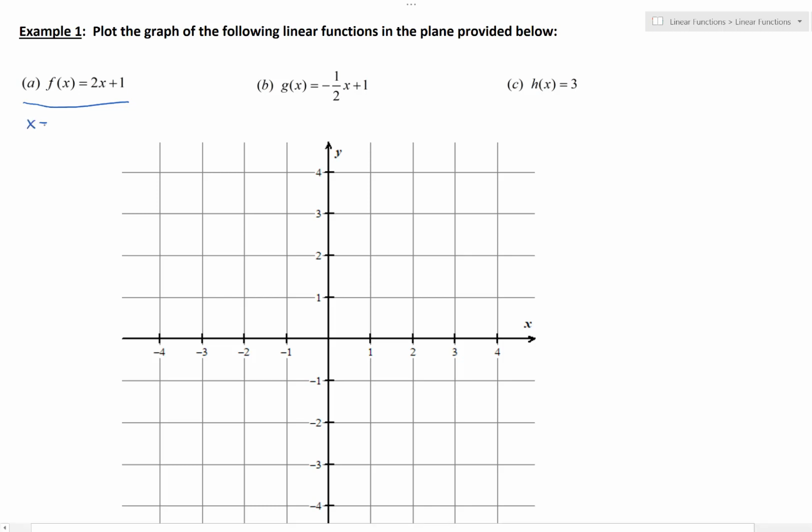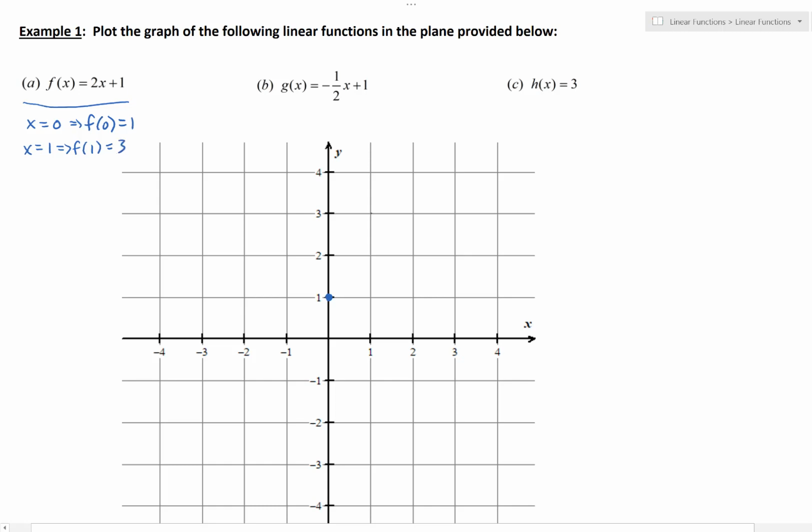If x is 0, then we get that f of 0 is 1. We'll plot that (0, 1) right there in blue. How about if x is equal to 1? Then f of 1 is equal to, we'll just plug it in, 2 times 1 plus 1 is 3.